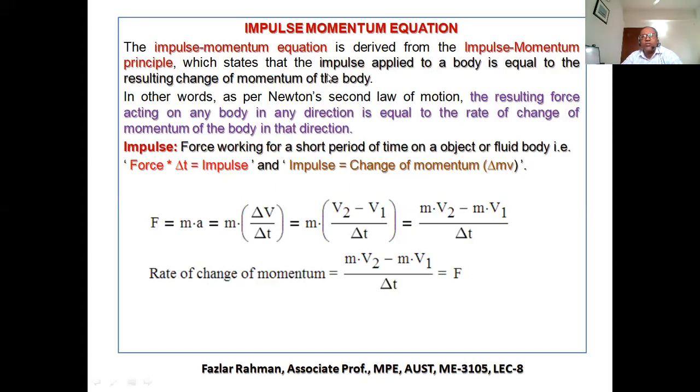We can figure it out from Newton's second law, that F equal to ma. And with a being acceleration, that means change of velocity divided by time. Now the change of velocity we can write as v2 minus v1. So finally we get this one, right? Now this is equal to F.